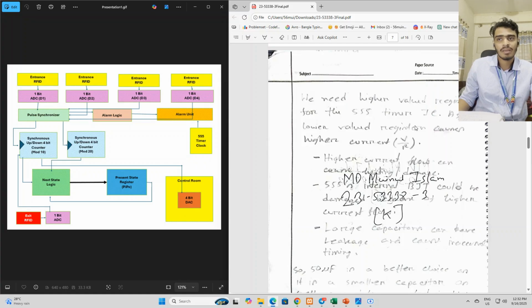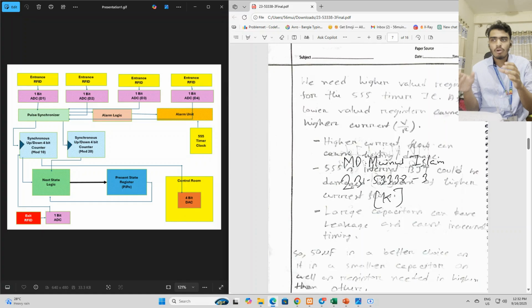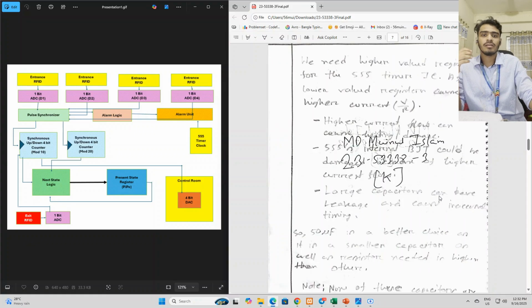Also, a large capacitor can have leakage current, and that can cause inaccurate timing. That's why smaller capacitors are generally better for a 555 timer, because it is actually a timer IC. We need to count time efficiently.